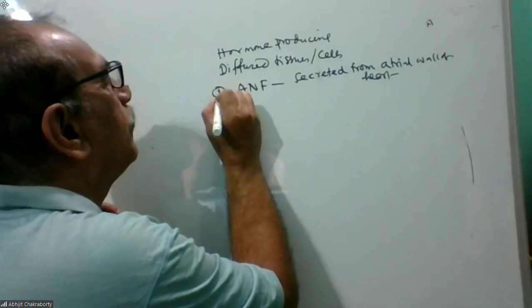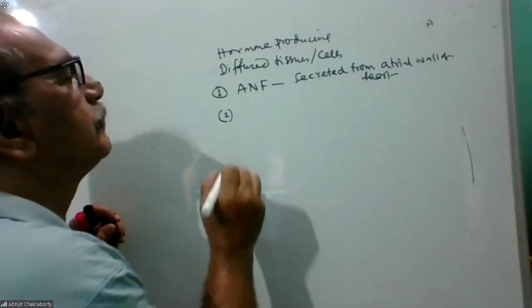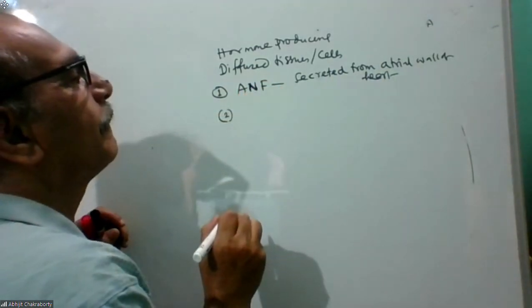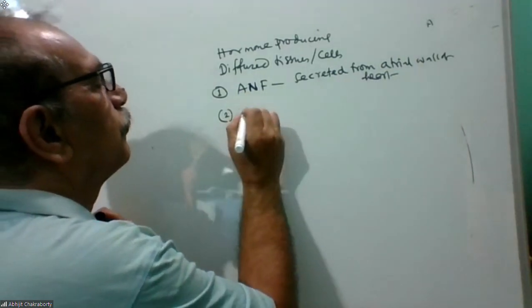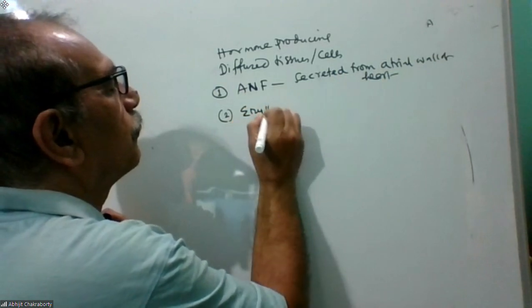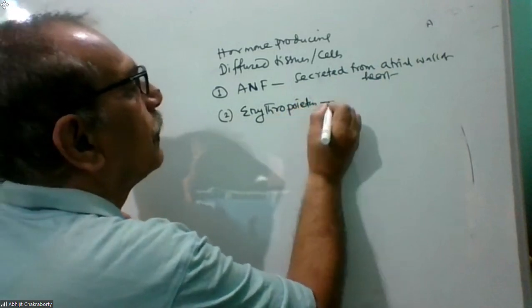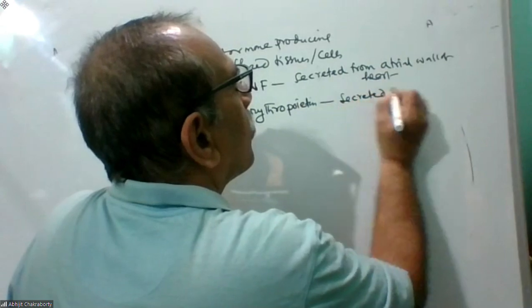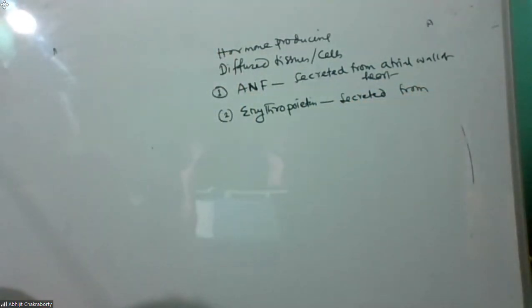Then comes the hormone secreted from juxtaglomerular cells of the kidney.